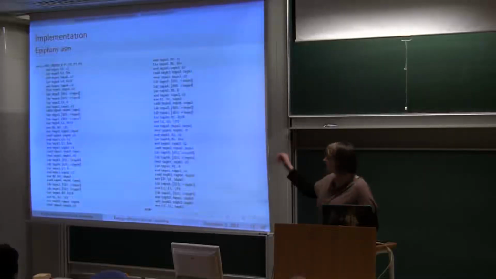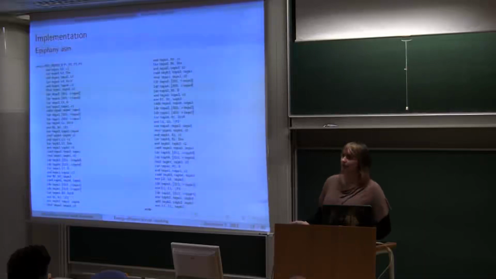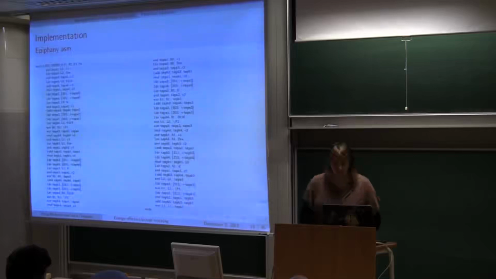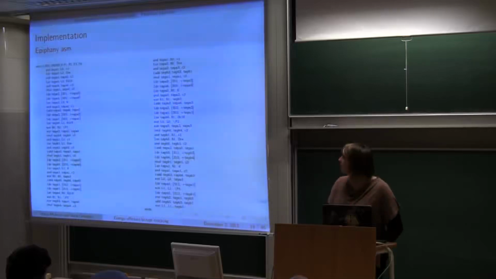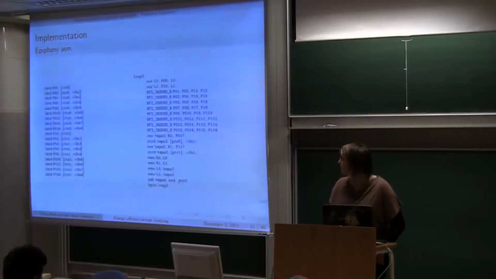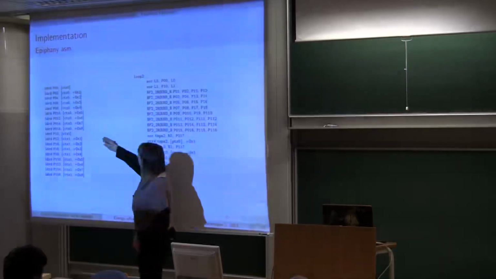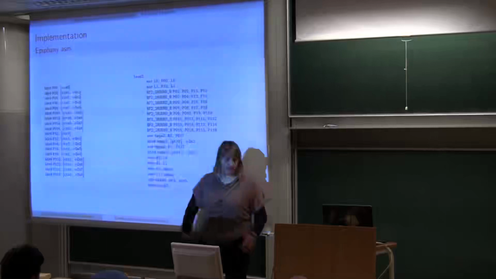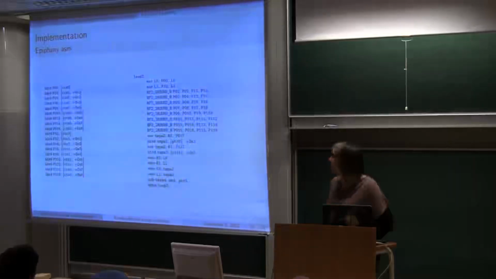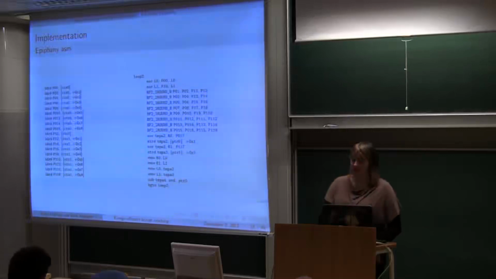So for each of those, we got one cycle free because we were able to execute two instructions in one cycle. Another very useful thing on Epiphany are double loads, where we were able to do it in half the cycles that would be needed without double loads.